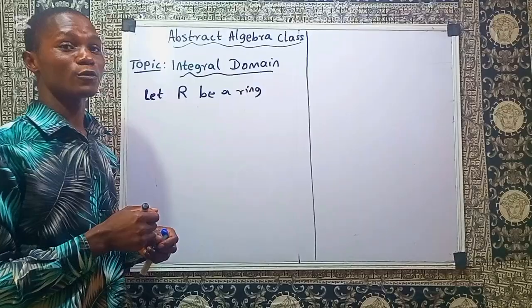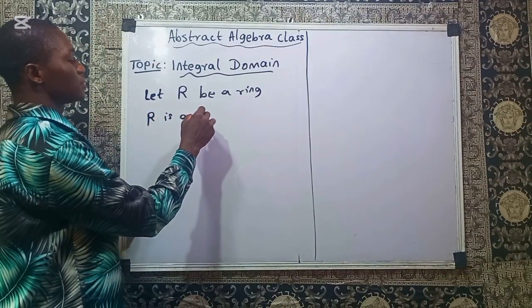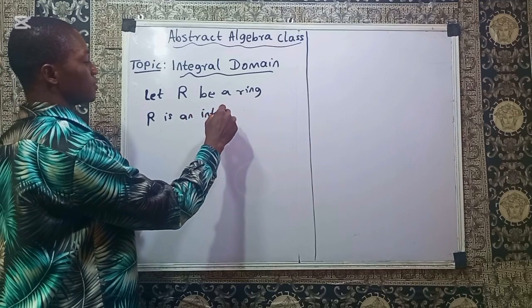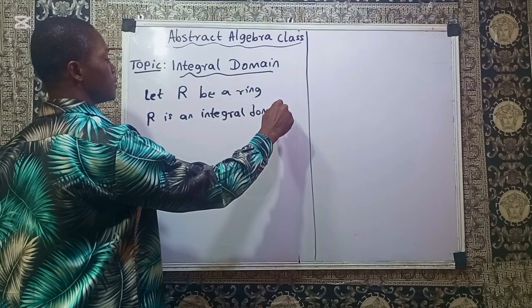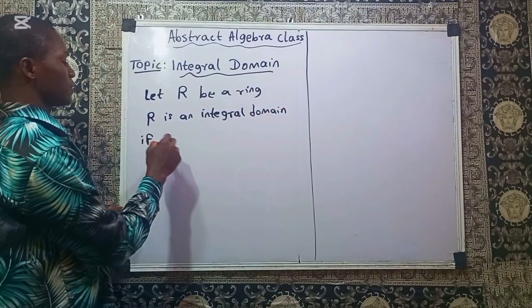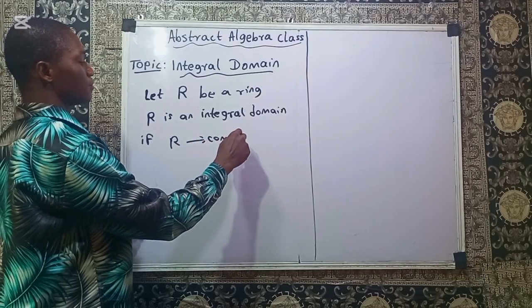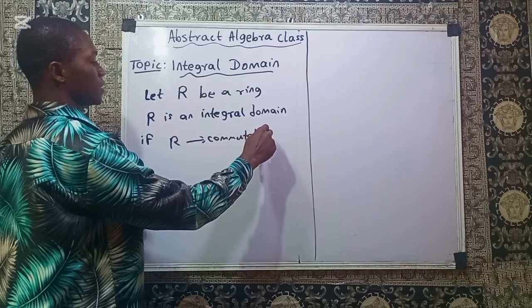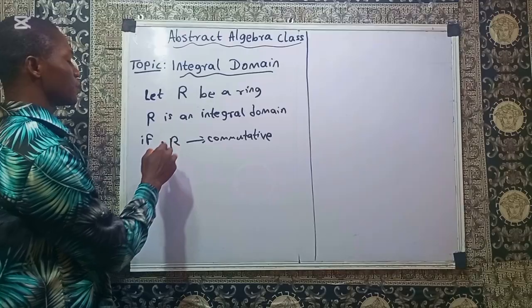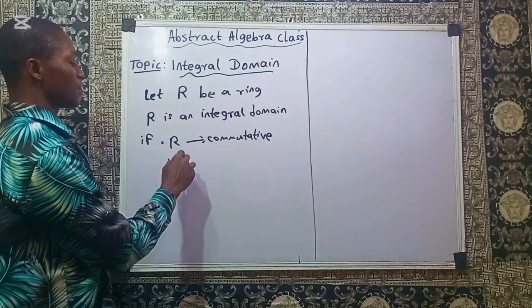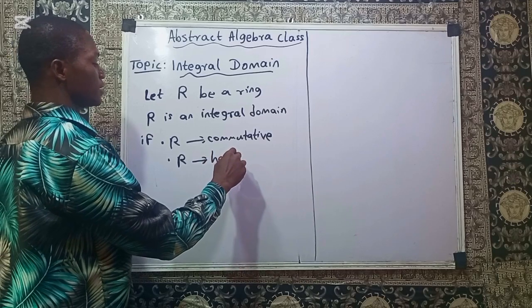Then R is an integral domain if R is commutative, and R has identity.